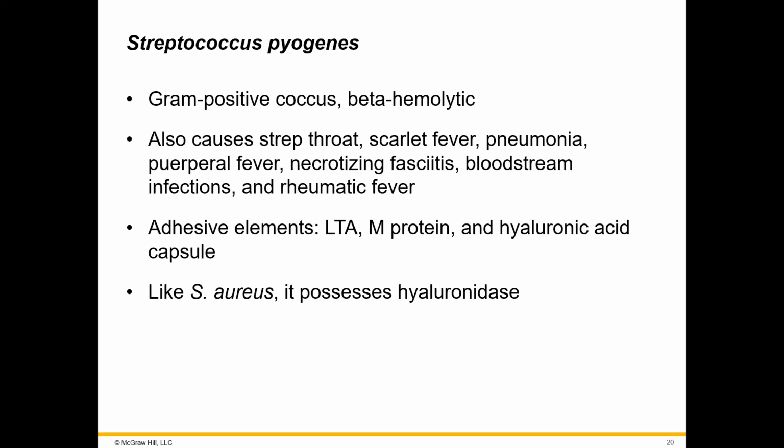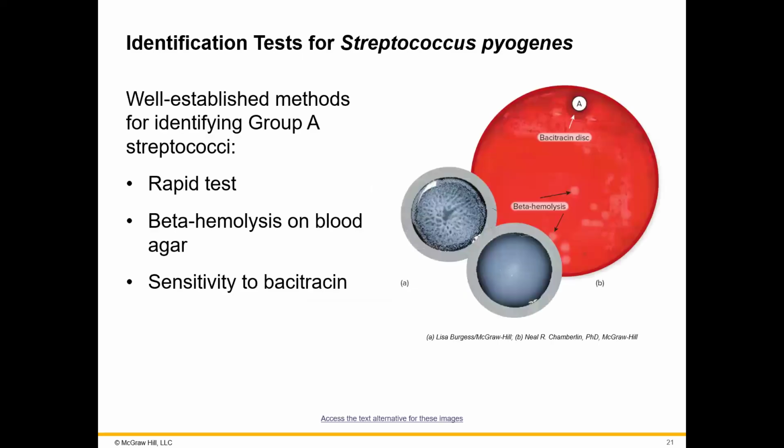So this guy puts his fingers in a lot of areas and can cause a lot of different diseases, not just impetigo. And it has adhesive elements that help it adhere within its host. It also produces high hyaluronidase so that it can break down the extracellular matrix and get into deeper tissues. Again, it's beta hemolytic and can break down the red blood cells around its colonies.